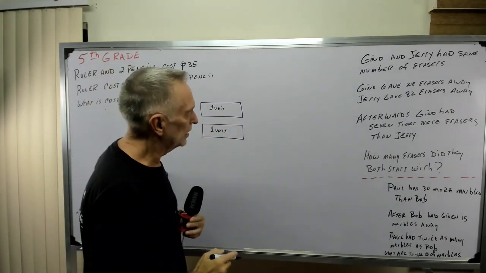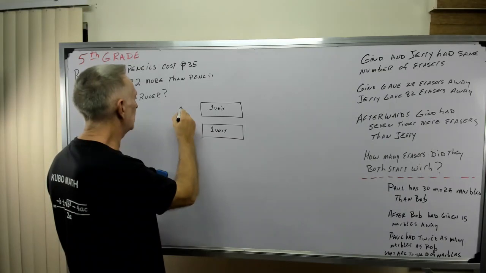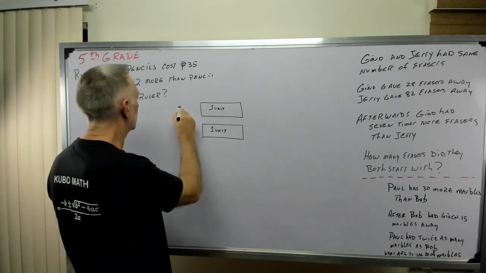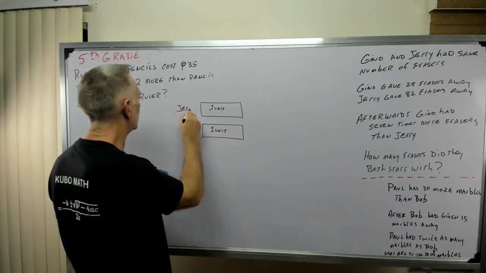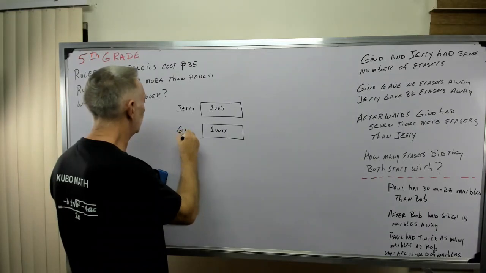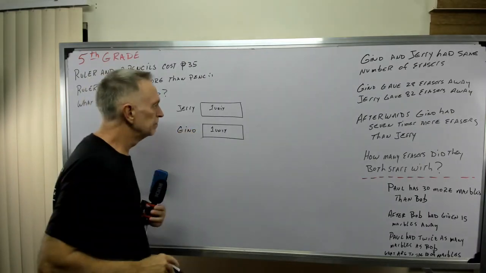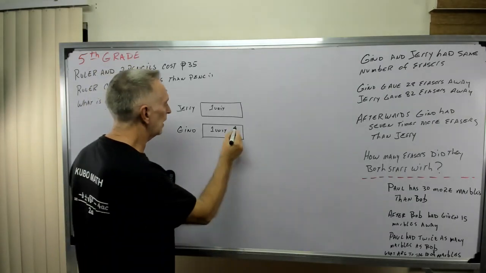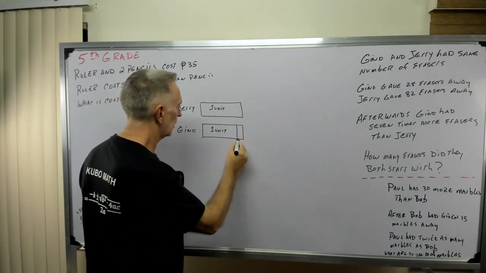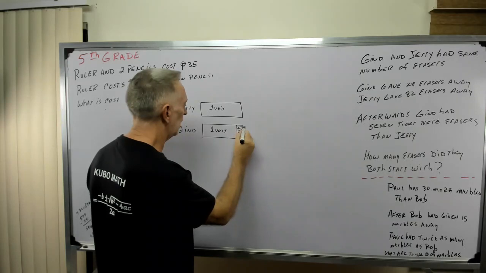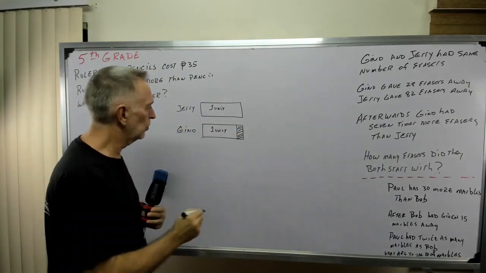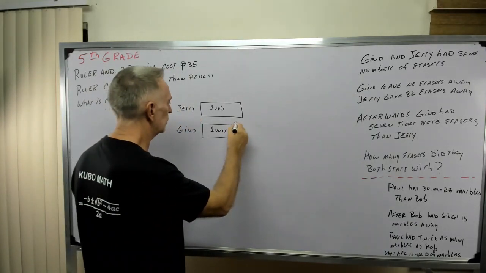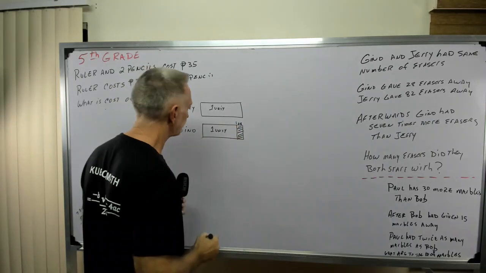All right, we'll let this be Jerry, and this is Gino. Gino gave away 28 erasers. So he gave away that many erasers, 28.